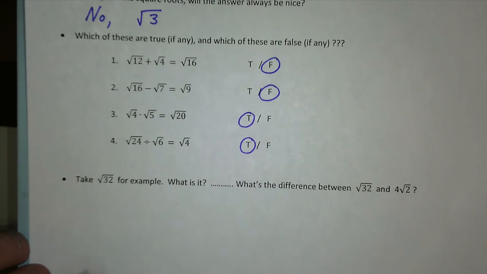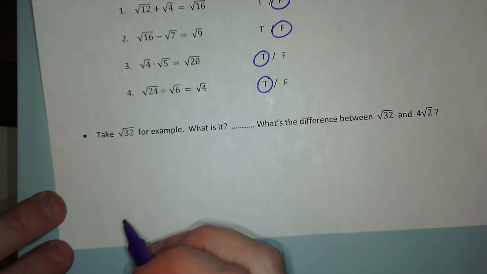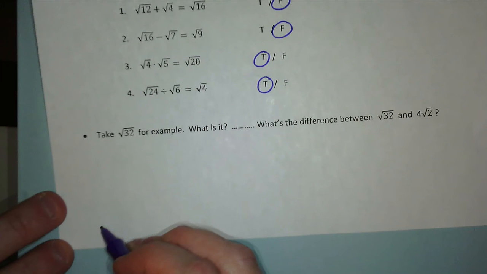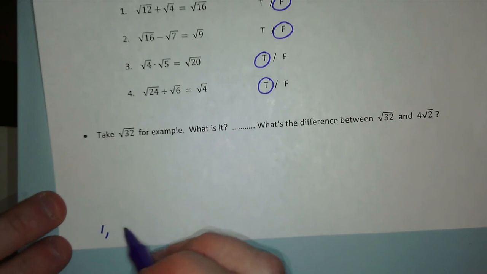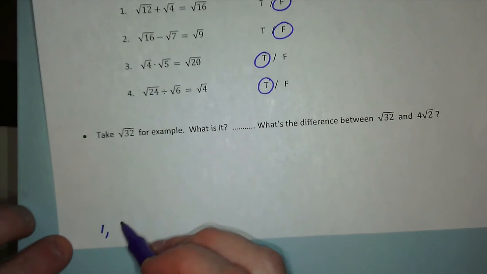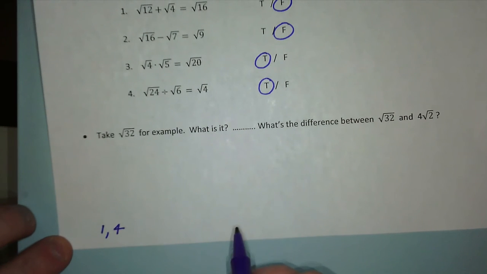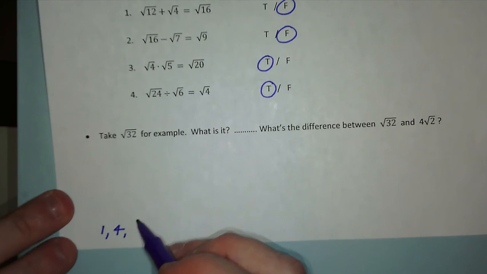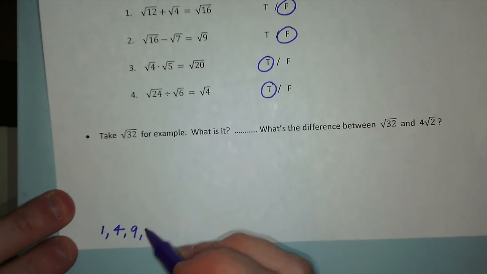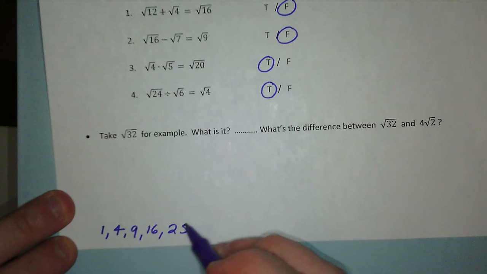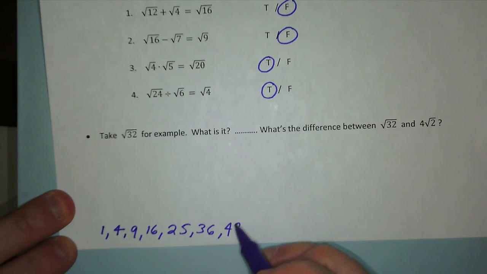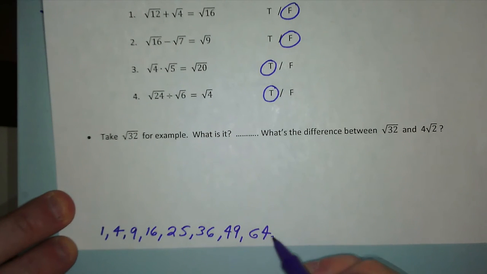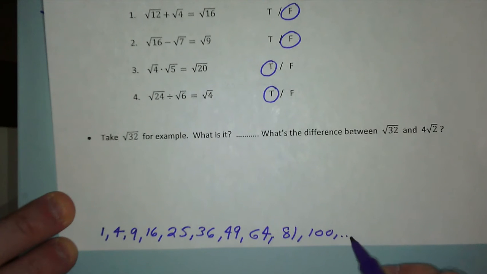In order, I'm just going to write this down as a side note, the perfect squares are: 1 is a perfect square because that's 1 squared. 2 squared is 4, so 4 is a perfect square. And then what's 3 squared? What's 4 squared? 5 squared, 6 squared, 7 squared, 8 squared, 9 squared, 10 squared, and I'll just stop there.